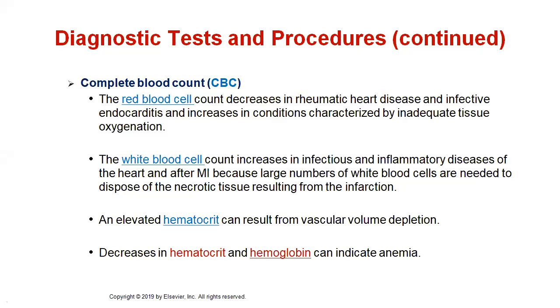If patient has anemia, then hemoglobin goes down, and if hemoglobin goes down, hematocrit also goes down. But in case of vascular volume depletion, hematocrit will be increased, right?